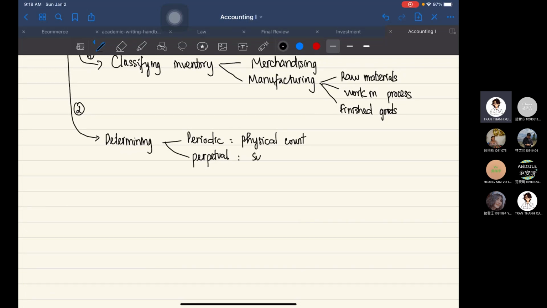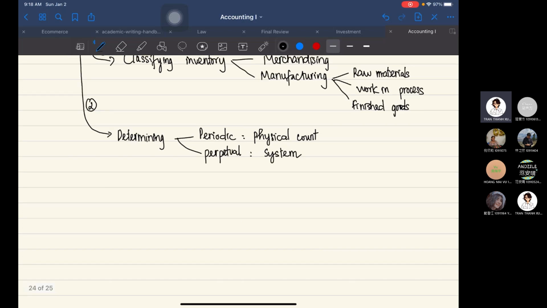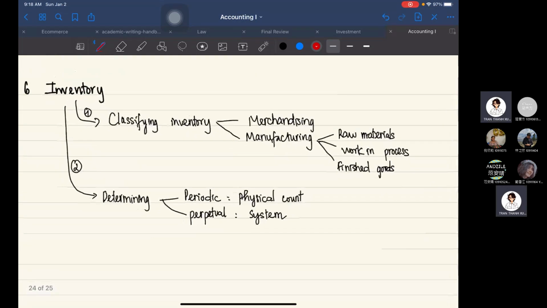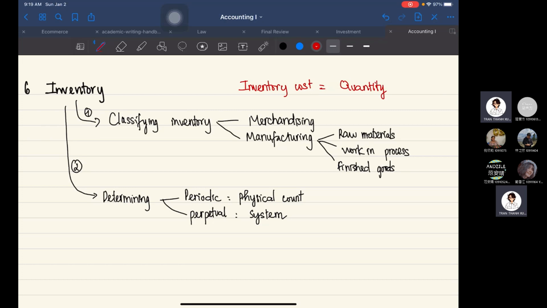But for the perpetual, they normally rely on the system, because it updates the inventory whenever goods are sold or something is purchased. There is a formula you need to remember: inventory cost equals quantity times unit cost.